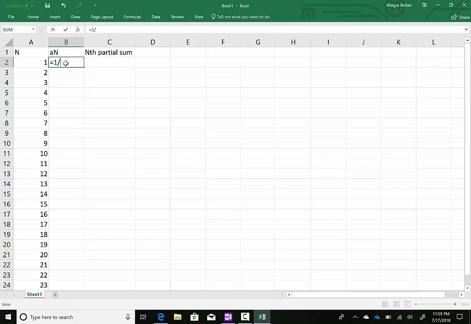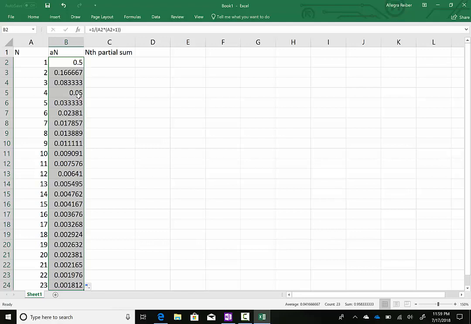I'm going to have 1 over n, which is just the value at that level, times n plus 1, so A2 plus 1. And then from here, if I drag this, it'll take that formula and adapt it. So we can see we are getting the correct values. This is 1/6, 1/12, 1/20, and so on going down.